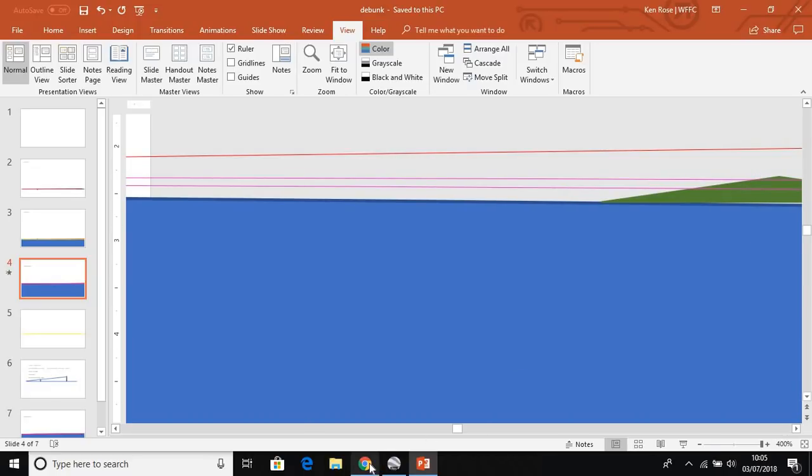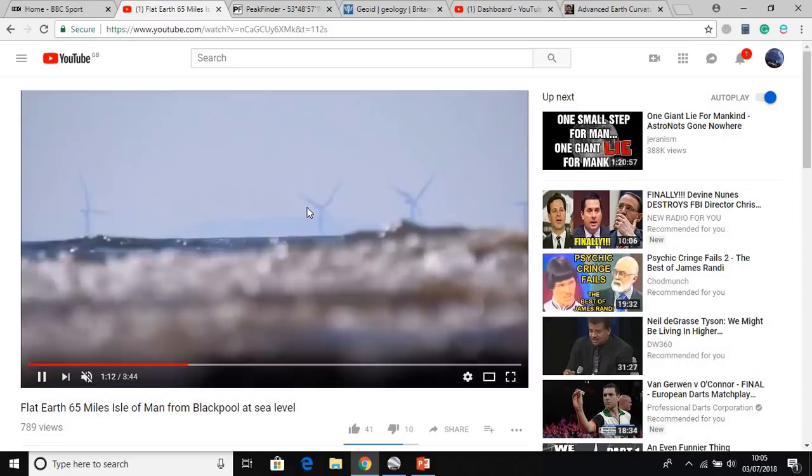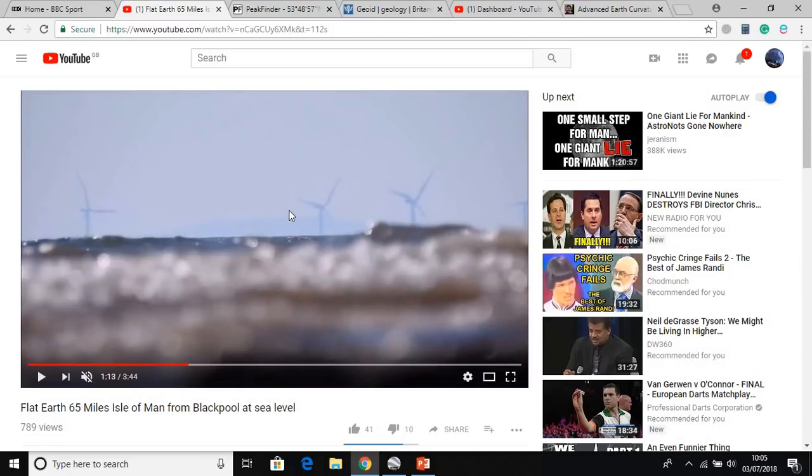And looking back at our view here, if you imagine your line of sight to the top of the island, going over the top of this wind turbine and extending off into the background. Hang on, I've hit that.